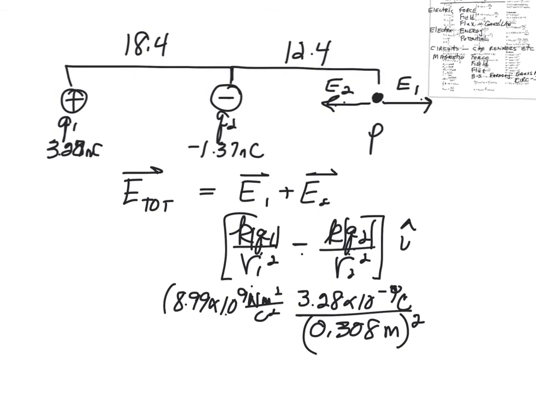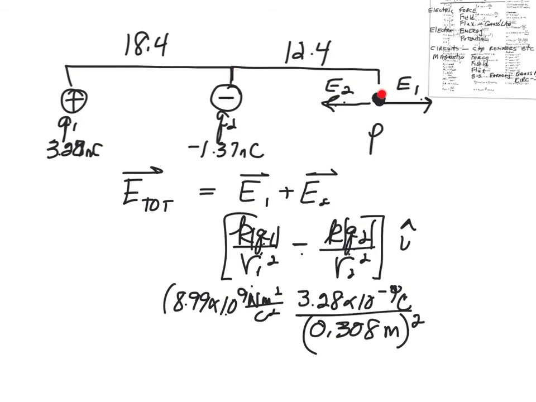There's K, there's Q, and there's R1. R1 is what? Remember, we're calculating the field at this point. So R1 is the distance from the point where we're finding the field, this is where you get confused, I know, to where the charge is.